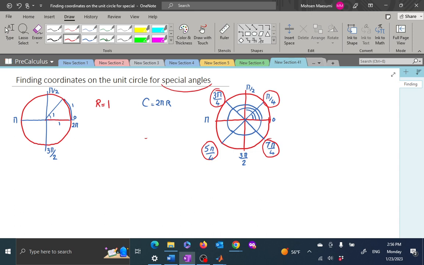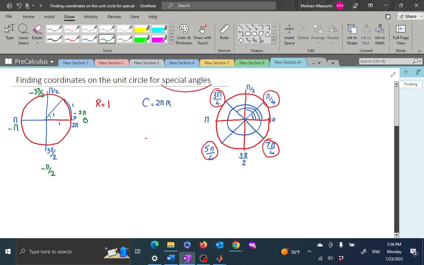Well, what if I wanted to travel in the negative direction? In the negative direction, this would have been 0, this would have been minus pi over 2, this is the same as minus pi, this is minus 3 pi over 2. By the time I have made it here is minus 2 pi.